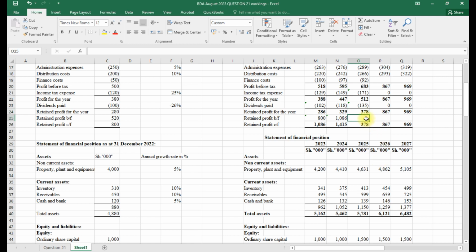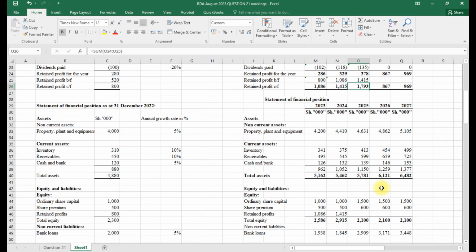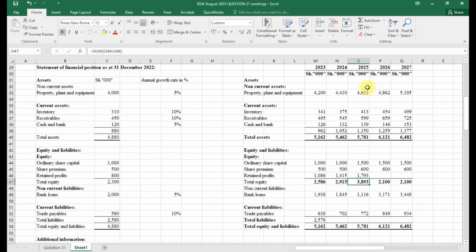And here we shall put this as our opening balance, to get 1793. So 1793, we shall fix it here as our retained profit. We'll find that it will automatically calculate our bank loan to be 1116, and you can still prove that by taking this minus this, and you minus this value, you get 1116 there.